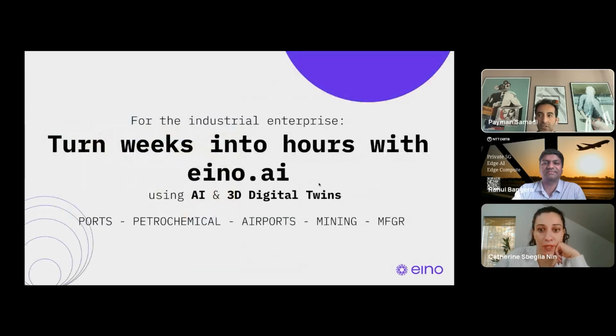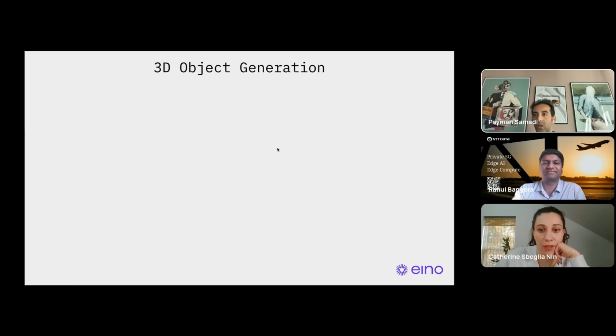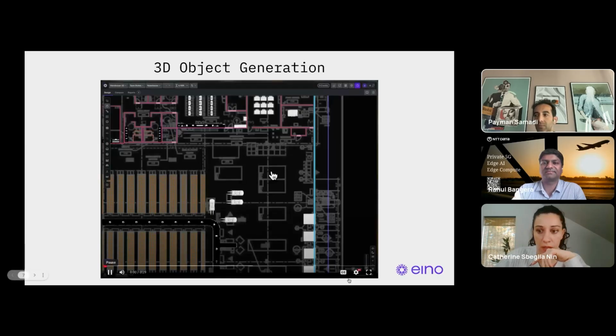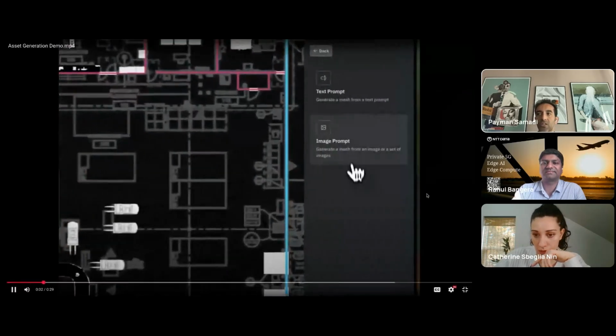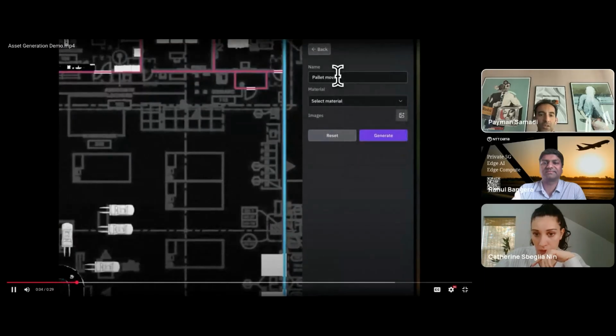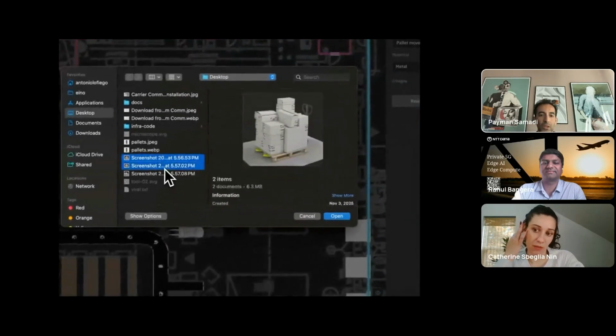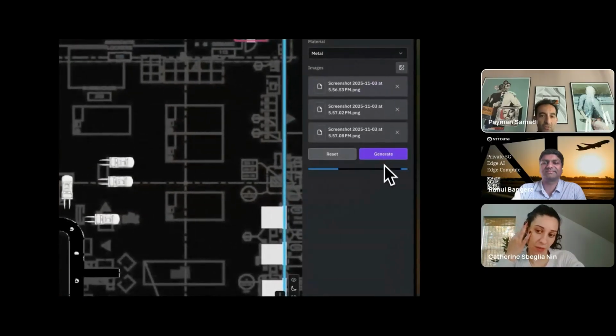The very first thing that we would like to talk about is basically generation of those objects when we are in these complex environments. In many of these places, it's very hard to send drones, but somebody can go easily take some images there. And we have these capabilities now with Gen AI to upload some images from that environment.